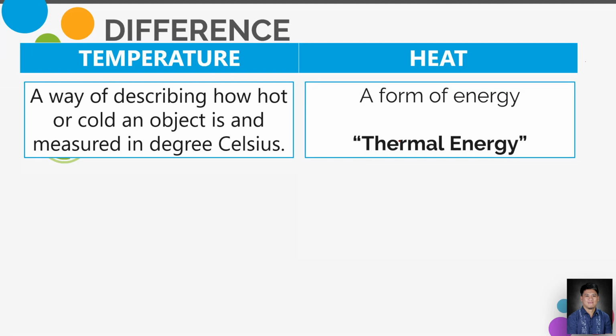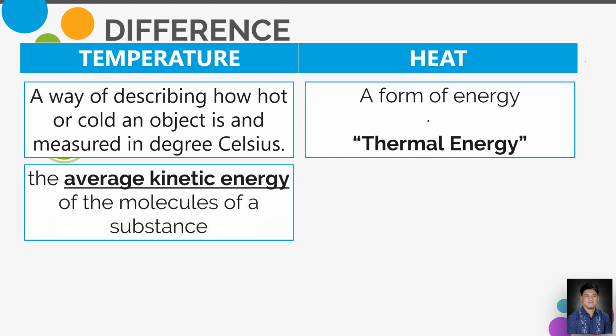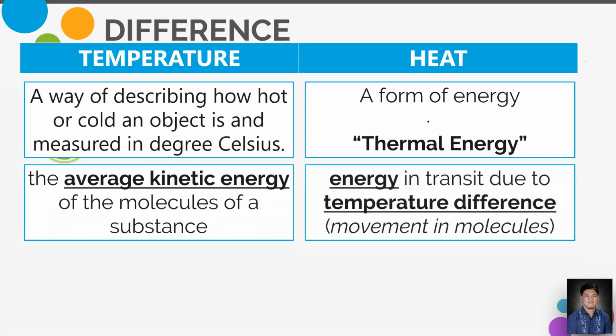In Wikipedia, the meaning of temperature is the average kinetic energy of the molecules of a substance. And heat, it is an energy in transit due to temperature difference.